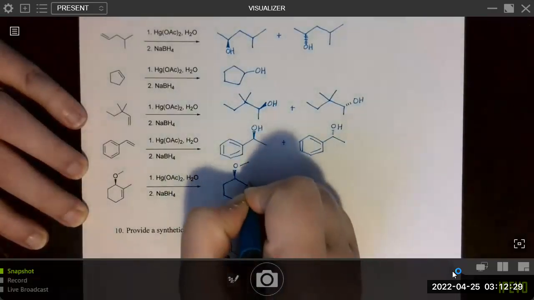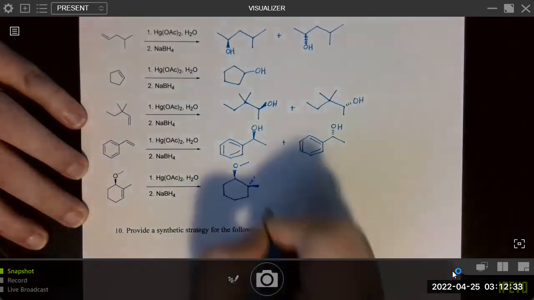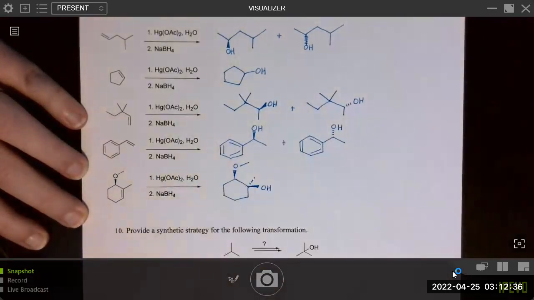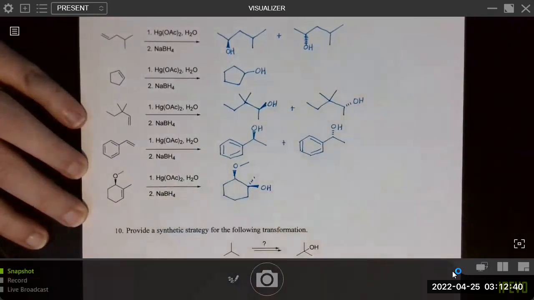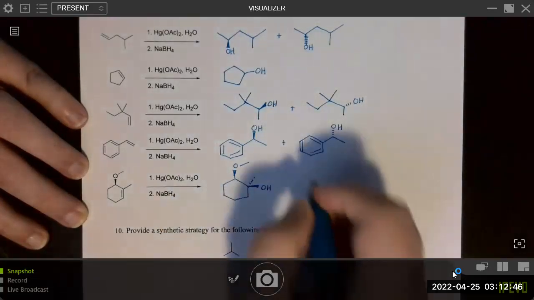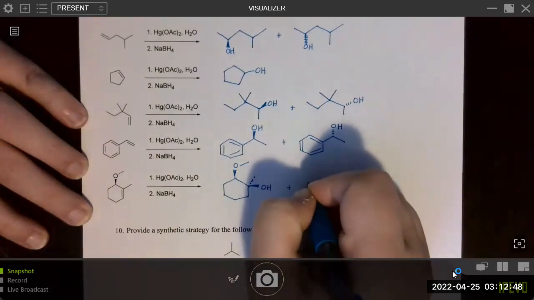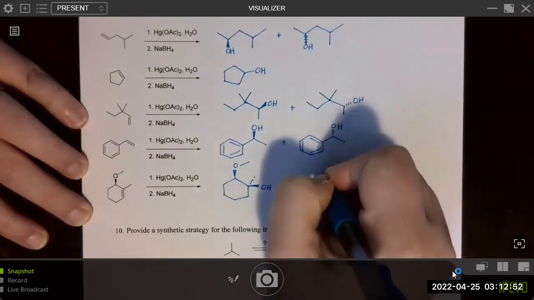And then note that we will form the Markovnikov product. So the OH will end up on the more substituted carbon. The hydrogen will end up here, just becoming a CH2 group. The other stereocenter will also form at that carbon. However, this one would not change.